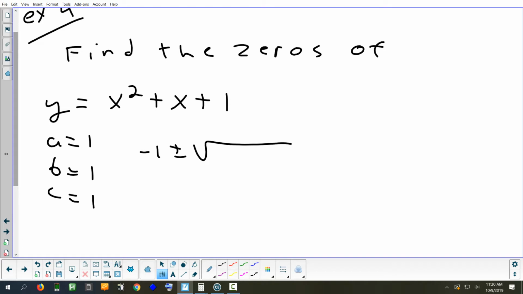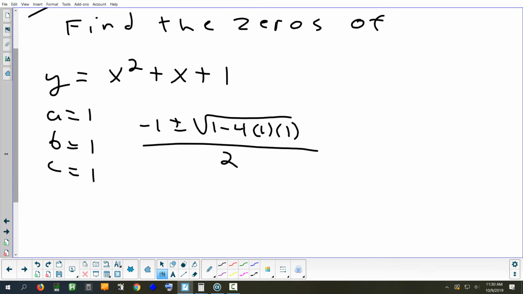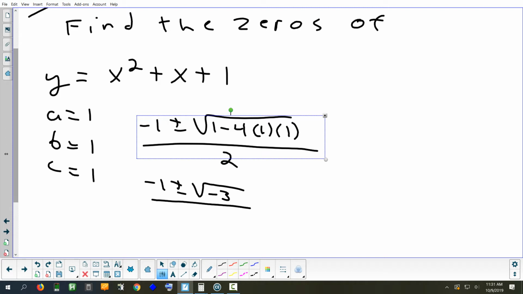They're imaginary. So if you were to graph this, what do you know would not happen? It wouldn't touch the x-axis. Would not touch the x-axis, ever. So there's still 2 answers. Whatever your highest exponent is, that's how many answers the problem has. In this case, they're imaginary.